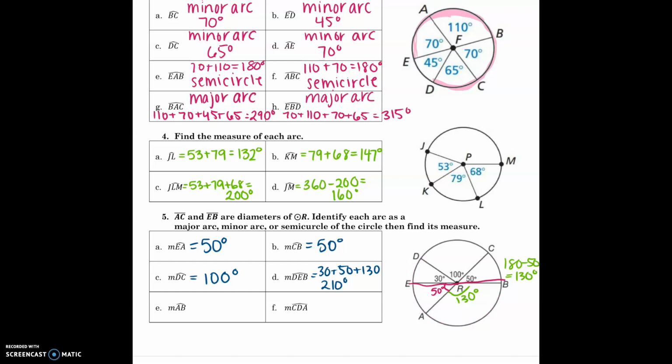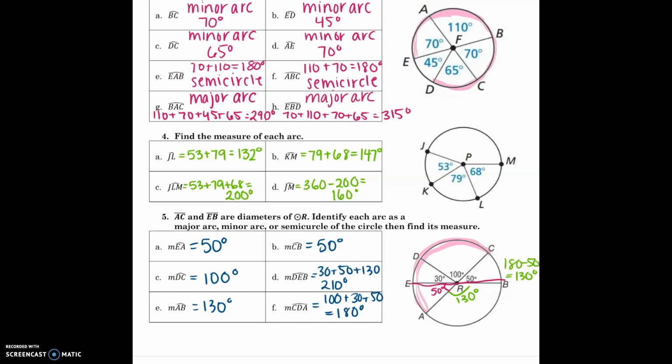Next we have arc AB. We said its central angle measured 130 degrees, so we know arc AB also measures 130 degrees. And lastly, we have arc CDA. We have to add up all of the minor arcs to find its measure. So we have 100 degrees plus 30 degrees plus 50 degrees, which is going to give us 180 degrees.